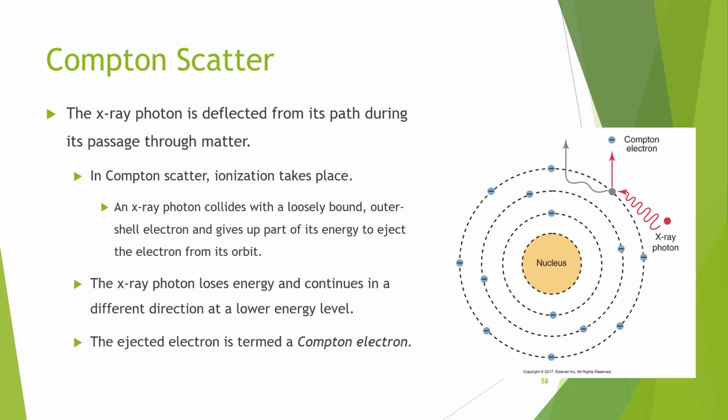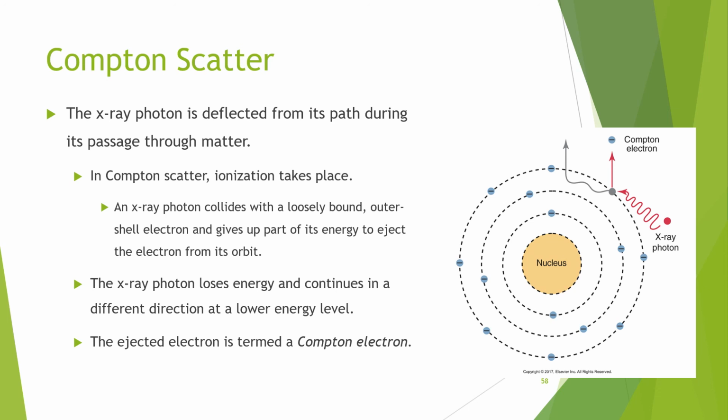The X-ray photon loses energy and continues on in a different direction, but at a lower energy level. And then that little electron that got popped off from that outer shell, that ejected electron, is now called a Compton electron, and it is negative, of course. Compton scatter accounts for 62% of the scatter that occurs in diagnostic radiography.